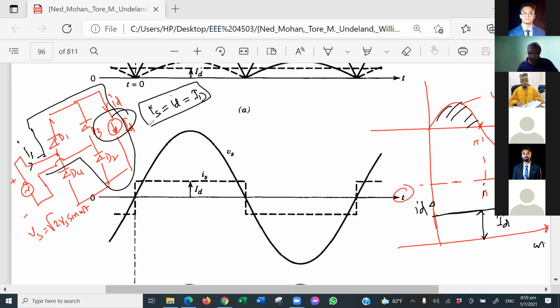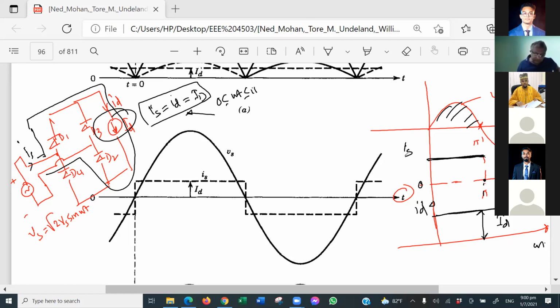If I now plot IS, what should be the wave shape up to pi? IS or ID, both are horizontal lines, parallel to omega t.